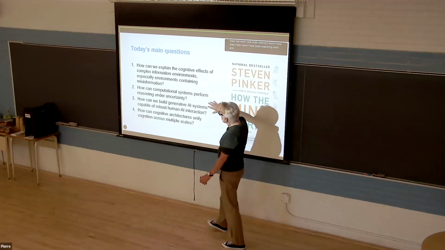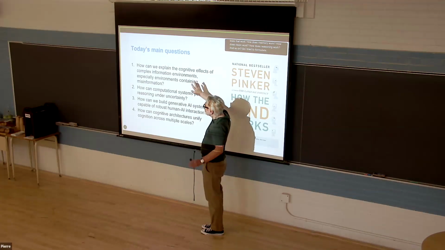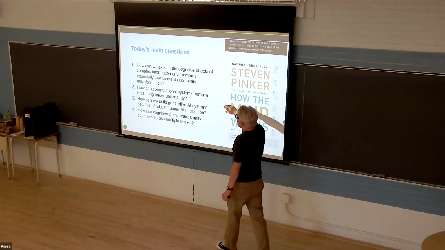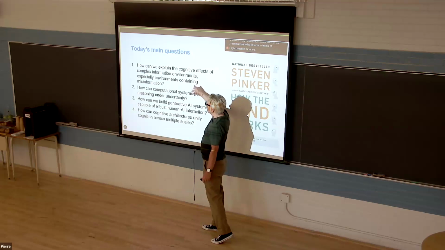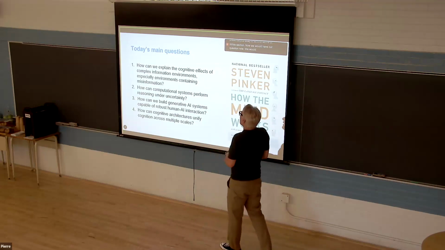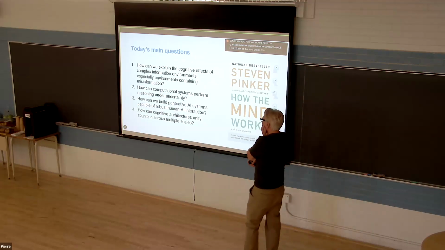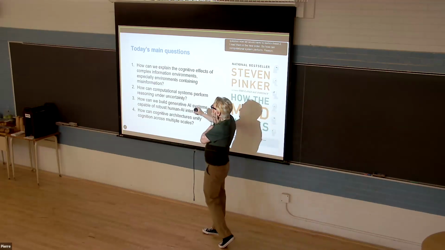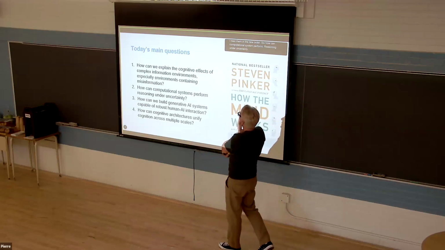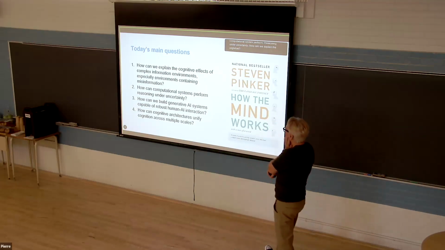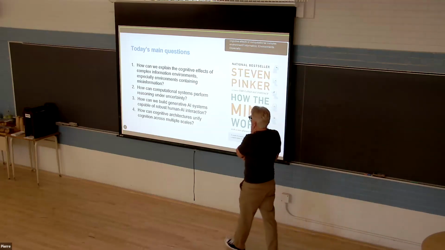So I tried to formulate each of the presentations today in terms of a how question. I'll read them in the new order. How can computational systems perform reasoning under uncertainty? How can we explain the cognitive effects of computationally complex information environments, especially environments containing misinformation?